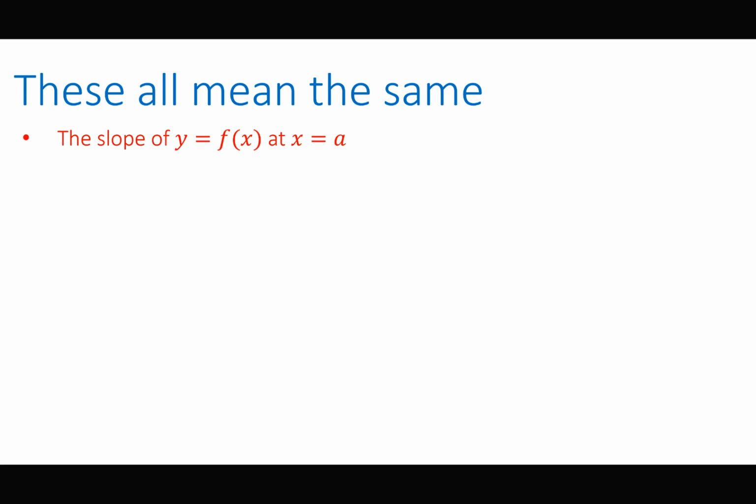If you don't understand what it's asking, you don't know where to start. If you see this wording, the slope of y equals f of x at x equals a, that means the same thing as the slope of the tangent line to the function y equals f of x at x equals a. If you see either of those forms, they're talking about the slope of the tangent line, and that's what we're going to focus on all year.